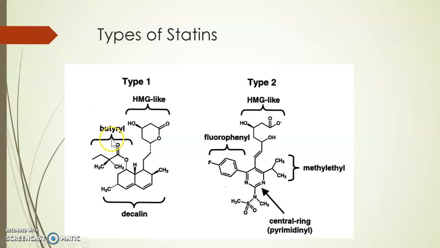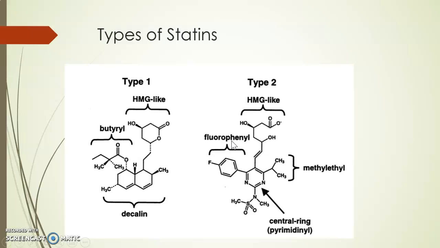And so you can have the butyryl group here, while you have the fluorophenyl group here. And then you have the decalin, naphthalene group here, and instead you could have a pyrimidinol group, or you could have a pyrrole group like you have for atorvastatin, and then you have the isopropyl group here.